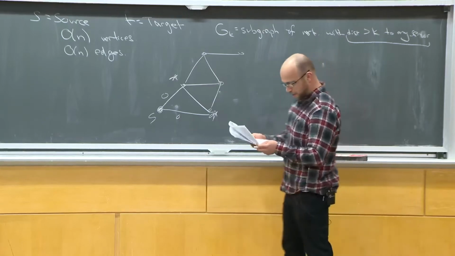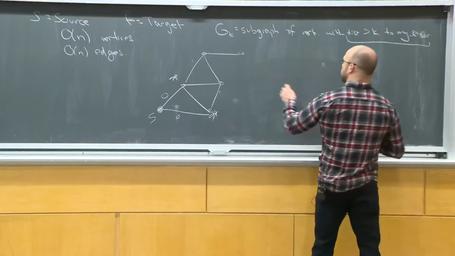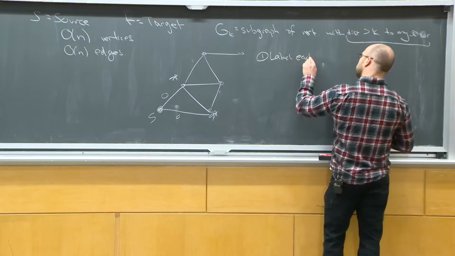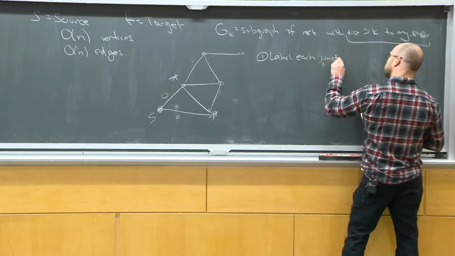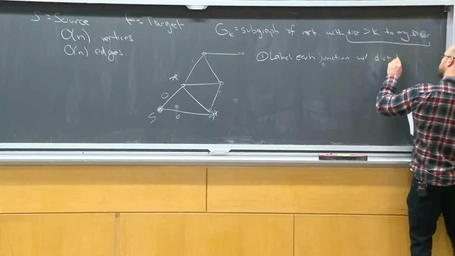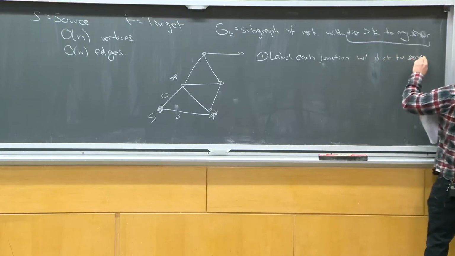So let's write that down. In step 1 of my algorithm, I want to label each junction with its distance to a sensor. That's the high-level goal here.